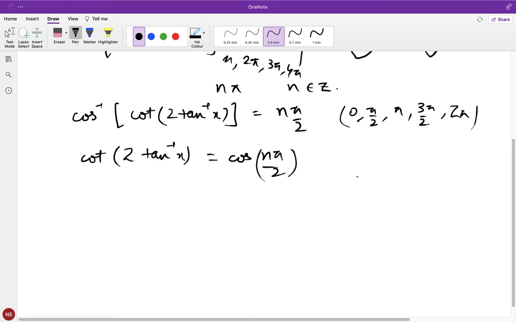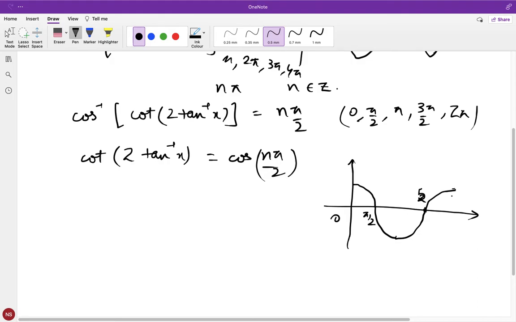Okay, we know the graph of cosine, just like I drew for sine. This is 0. On 0 it is 1. On pi by 2 it is 0. On pi it is minus 1. This is 2 pi, and on 2 pi this is 1. So at 3 pi by 2, it is 0 again.